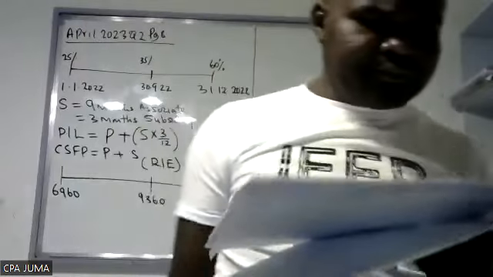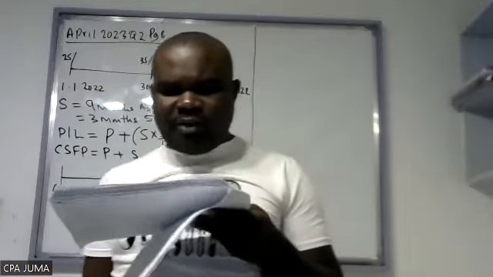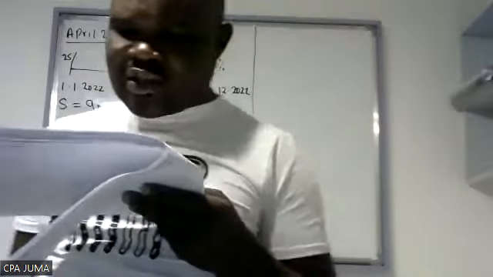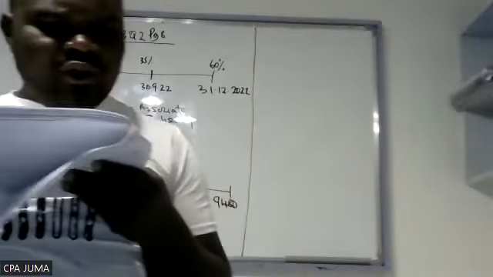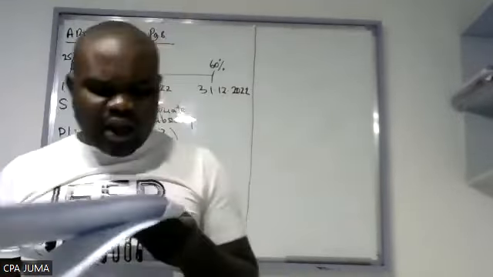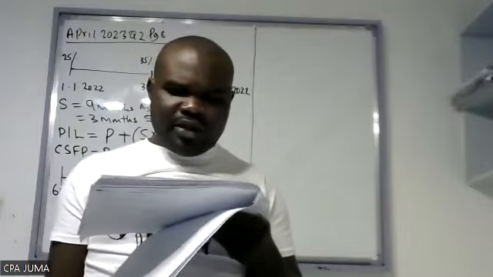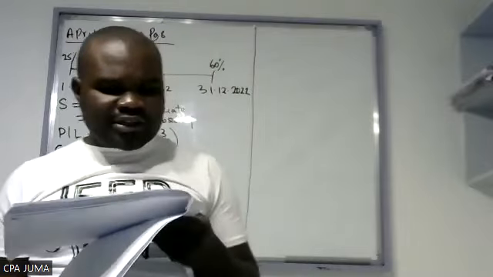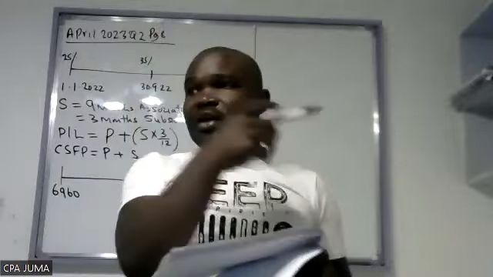Number 4. The differences between the fair value of the identifiable assets and liabilities of S and their book values was due to brand. The brand was estimated to have an average remaining useful life of 5 years from 30th September 2022. So your brand is like the other one we did.